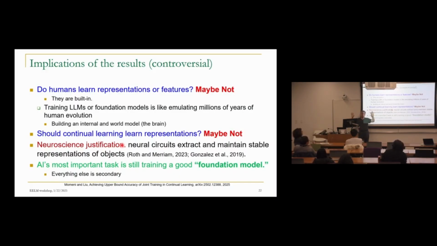If you don't have a stable representation, those people who are doing this, they have those EEG or ECG things on your brain, and they want to predict what you're thinking about, right? So they learn the patterns. If you don't have a fixed pattern, there's nothing you can learn. And you can see there are some Nature papers which talk about this kind of thing. The representation is pretty much stable.